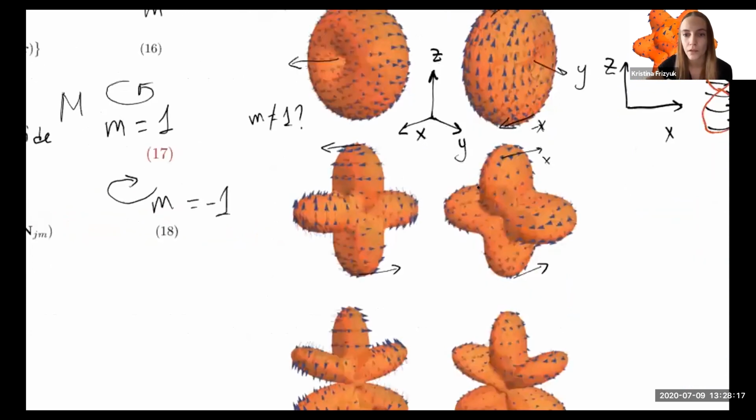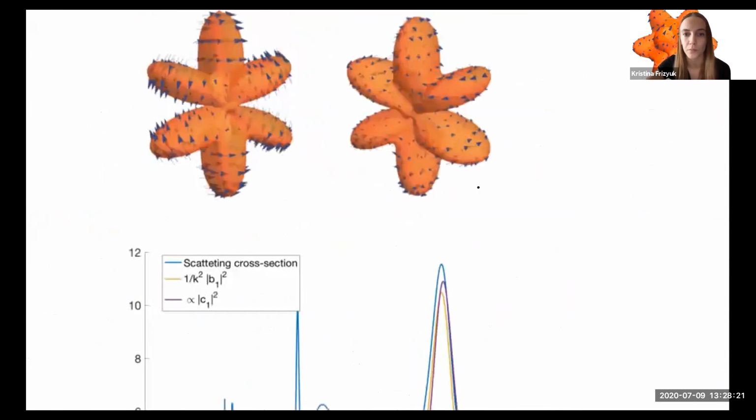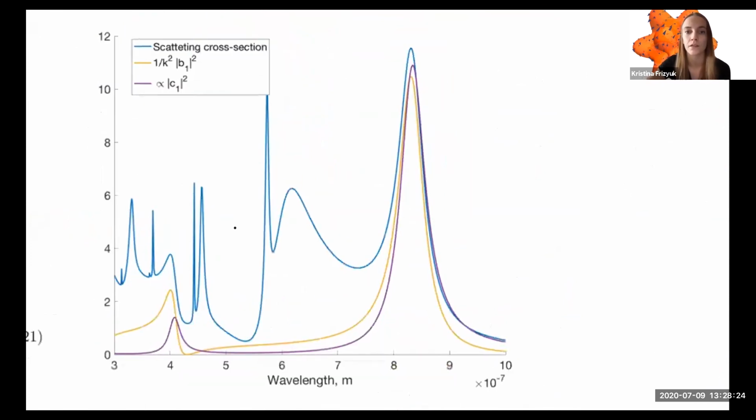Okay. And here you, for example, see the plot of Mie scattering for a sphere with refractive index n equal 4. And here is just the comparison. This one is the square absolute value of the coefficient before the magnetic dipole function inside the sphere.